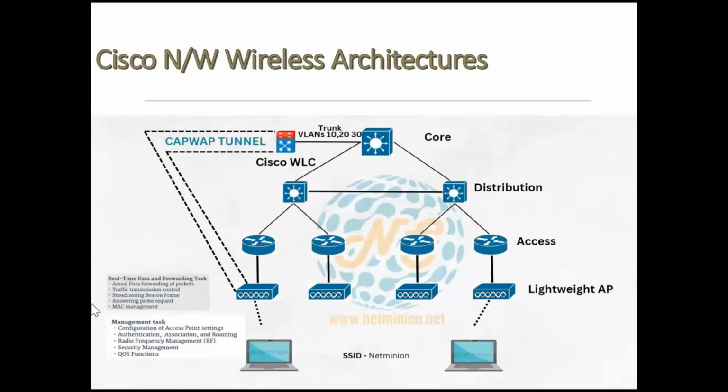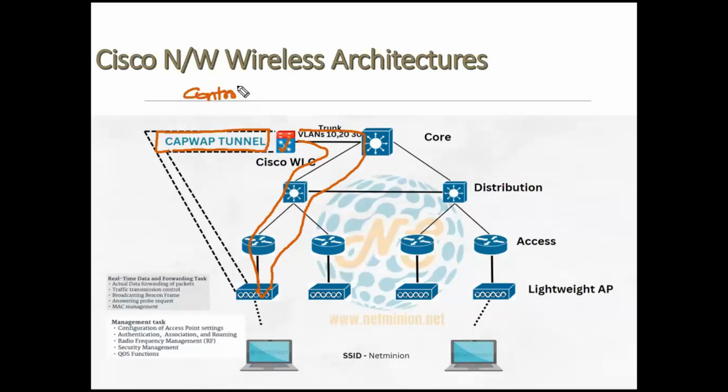Now I need to talk about one more point here. As you can see, one tunnel is getting created between your controller and your access point. This tunnel is named CAPWAP.